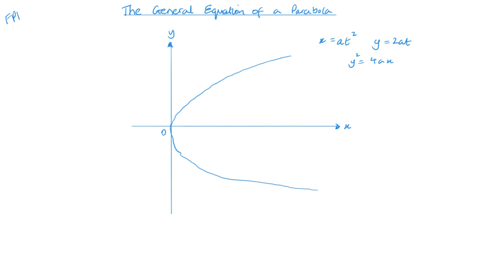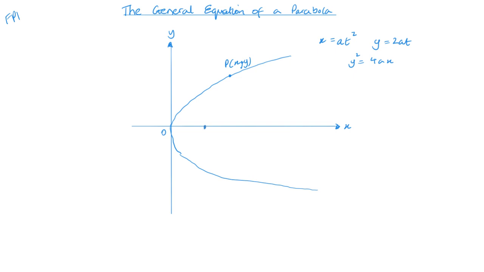Now, a parabola is the locus of points where every point, if we call this point P(x, y), or (at squared, 2at), but it's every point on the parabola, is the same distance from a fixed point S, which we call the focus, and a fixed straight line called the directrix.